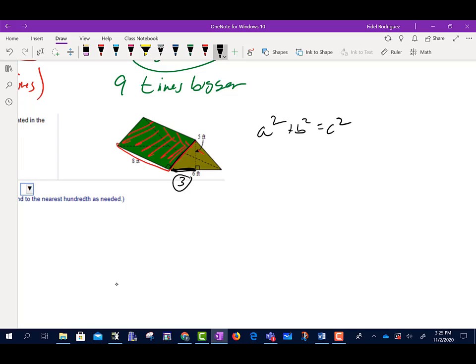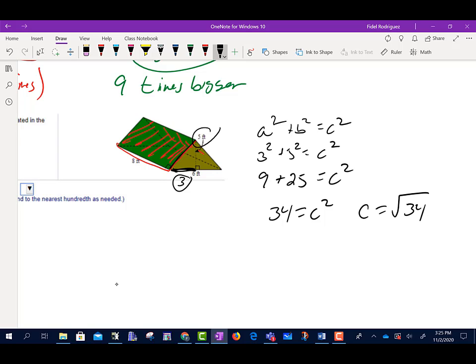So let's call this a and let's call this b. So 3 squared plus 5 squared equals c squared. So that's 9 plus 25 equals c squared. So 9 plus 25 is 34 equals c squared. So c is equal to the square root of 34. Okay, not a nice pretty number, but that's just what it is.